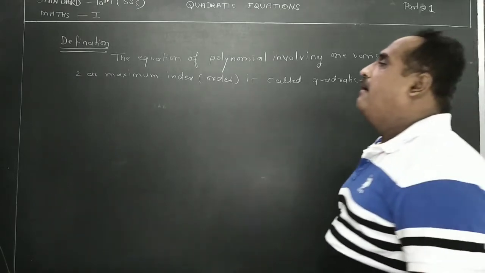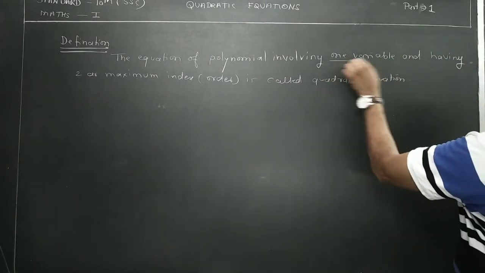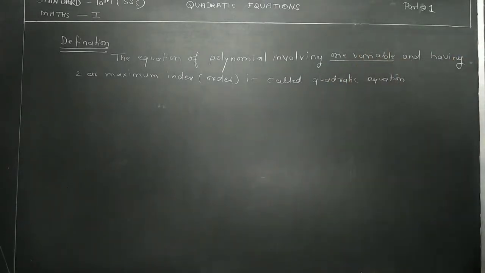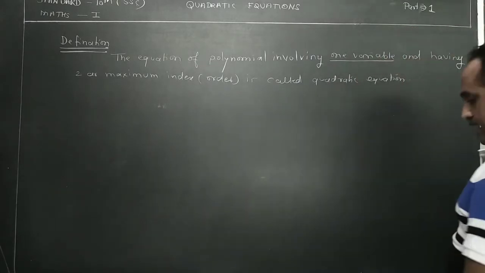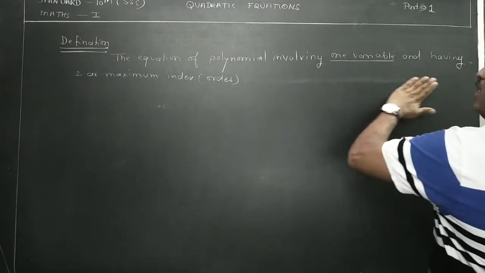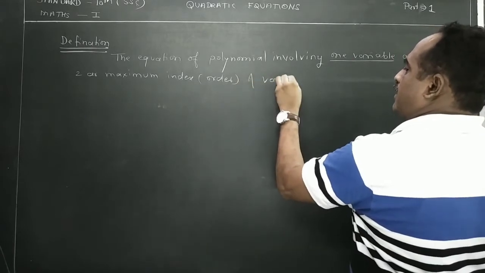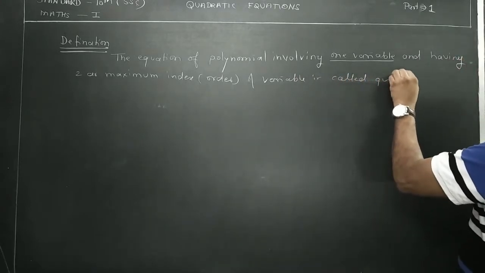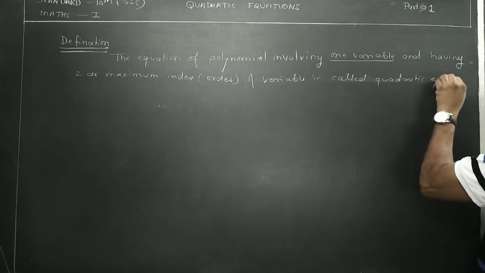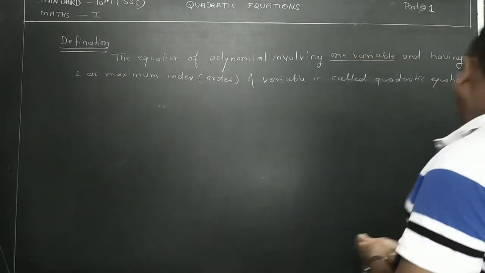Once again, the equation of a polynomial involving one variable, x, it should be x in both places, and having a maximum index of that variable, 2, is called a quadratic equation.